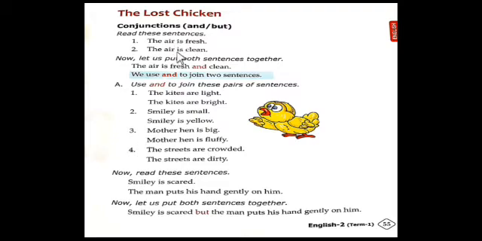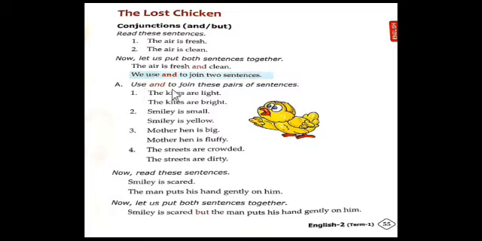Correct? We can make one sentence by adding the conjunction and. How? The air is fresh and clean. So we use and to join two sentences. So let us go to the exercise.